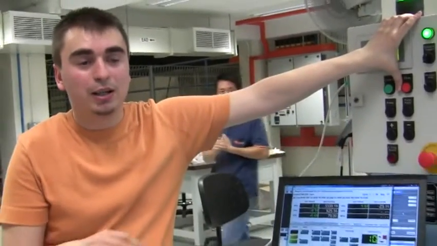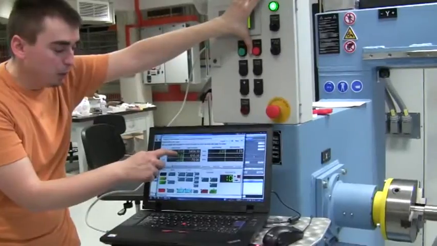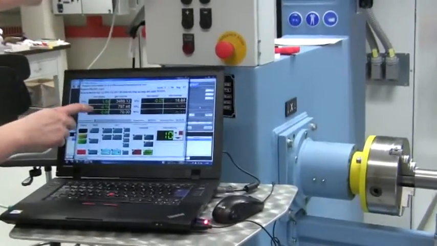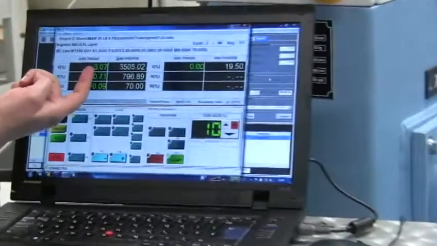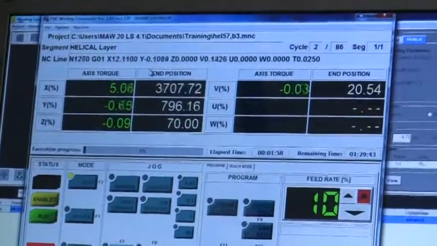A torque of 100 means that one specific axis is running at 100% of its capabilities. It cannot go any more. So here you monitor the motor usage for each axis. Because now we go very slowly, see that each axis is running at 2, 3, 5% of its capacity.